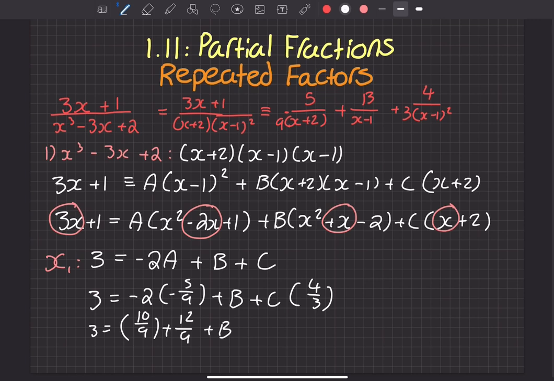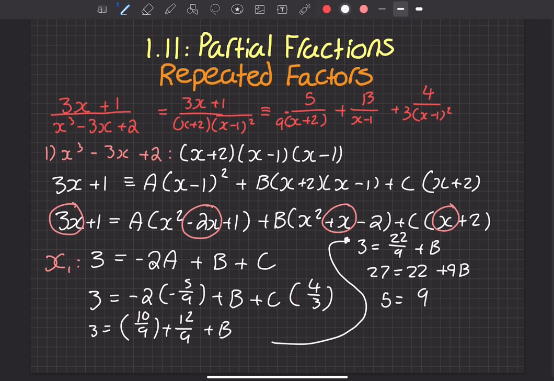what we have now is I don't want to erase, so I'll just put it up here. So we'll have 3 equals 22/9 plus b. Multiply everything by 9, so we have 27 equals 22 plus 9b. And subtract 22 from each side, so we'll have 5 equals 9b.